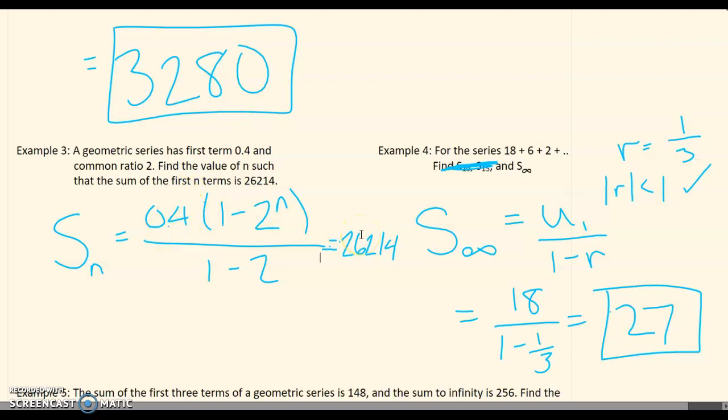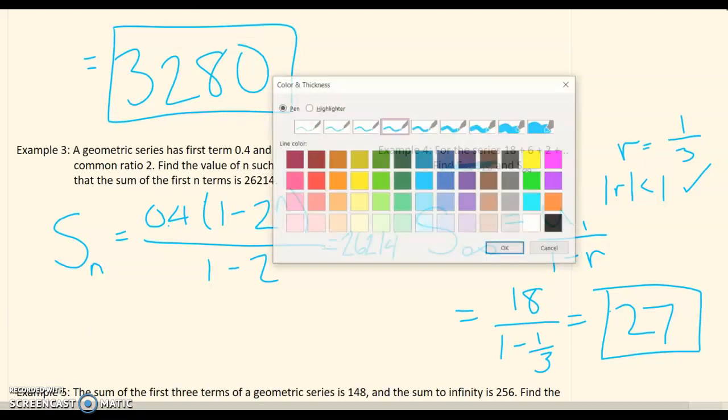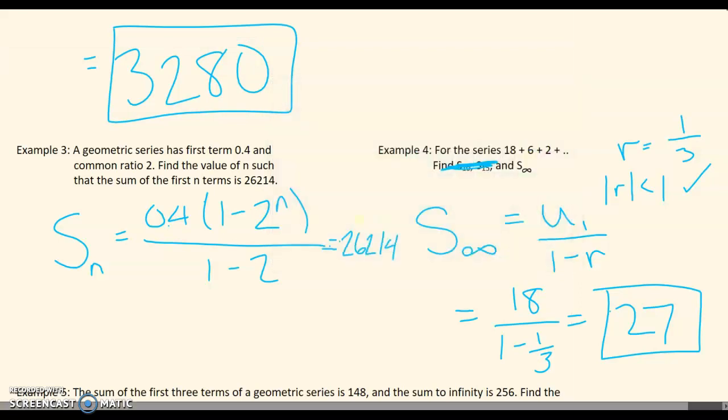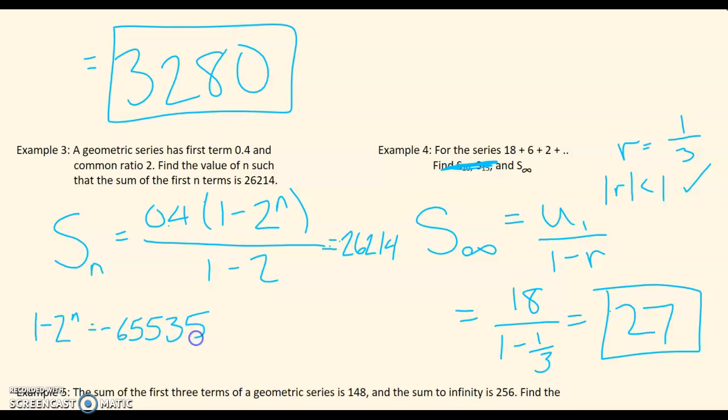So 26,214 divided by 0.4. That gives us our next algebraic statement of 1 minus 2 to the n is equal to -65,535. It's negative because this denominator was -1, and I just multiplied it over here. So next step is to subtract 1 and then divide by -1.